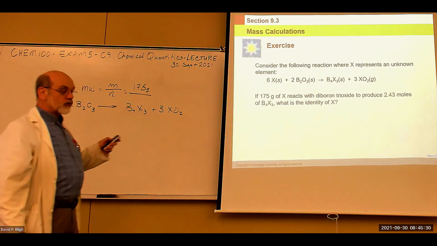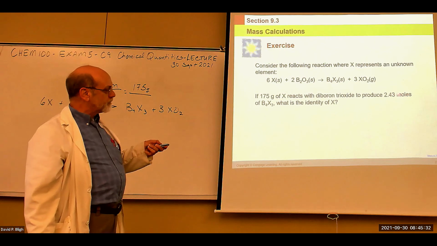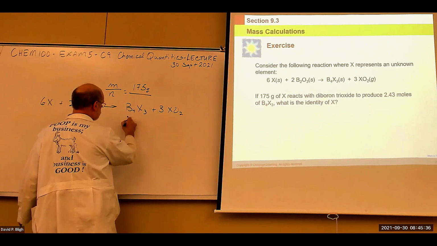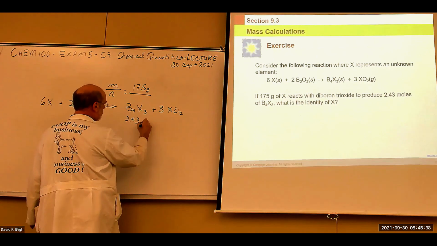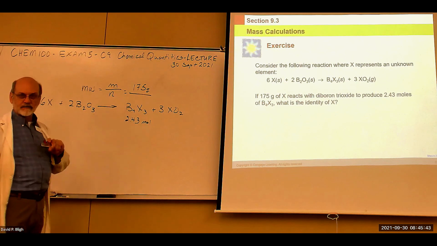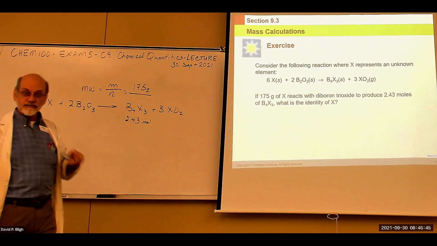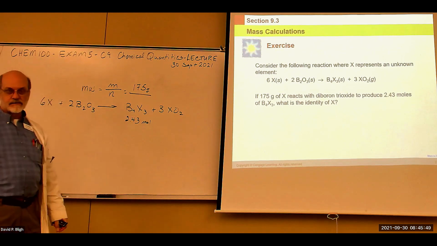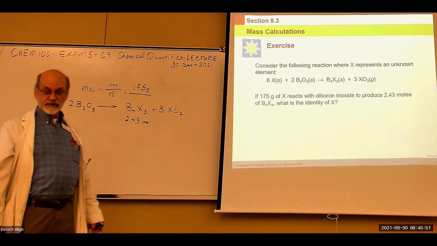We're also given 2.43 moles of B4X3, 2.43 moles of this compound. Can we find out the moles of this one from that? I think so. We've been doing it all morning.